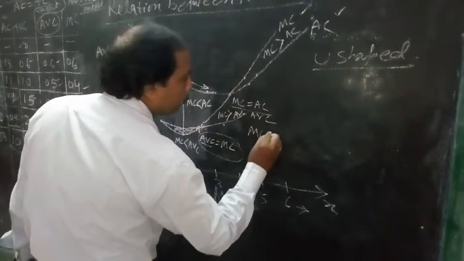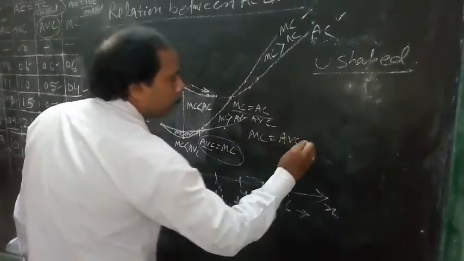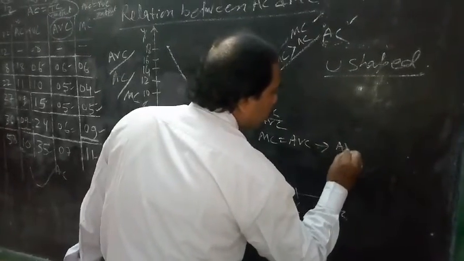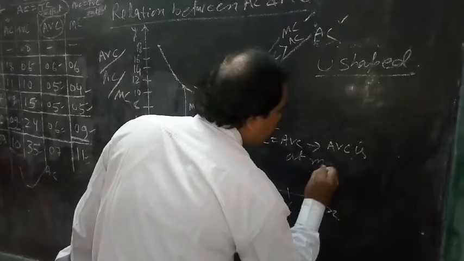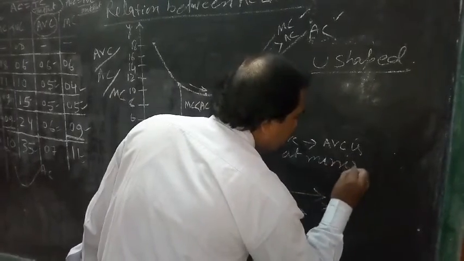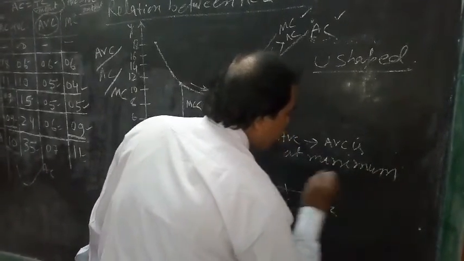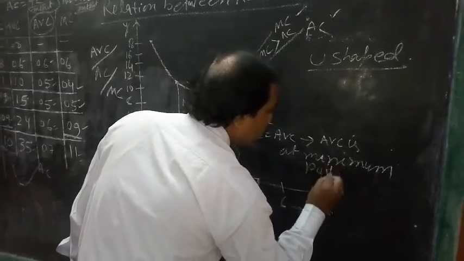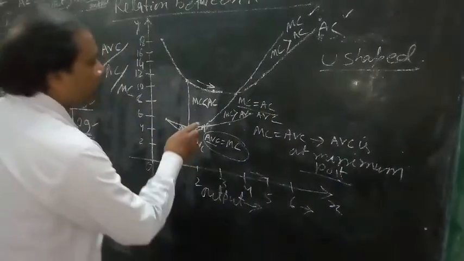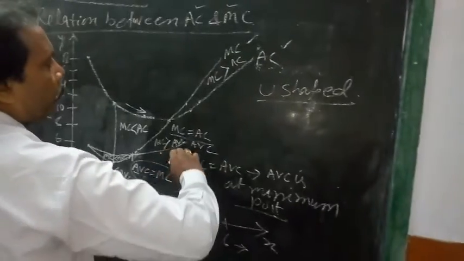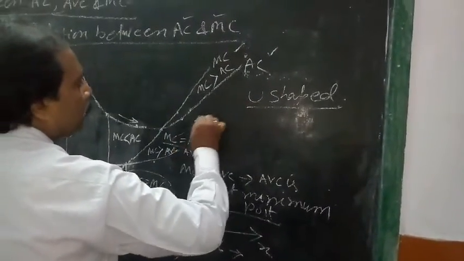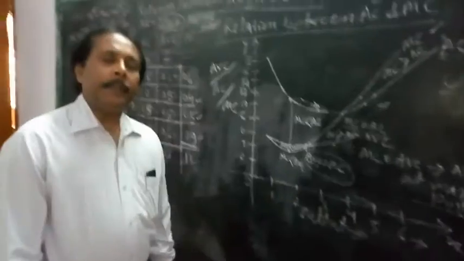So when MC is equal to AVC, it means AVC is at its minimum point. So reaching the minimum point, AVC starts to increase and it will move towards the AC. Okay? Thank you.